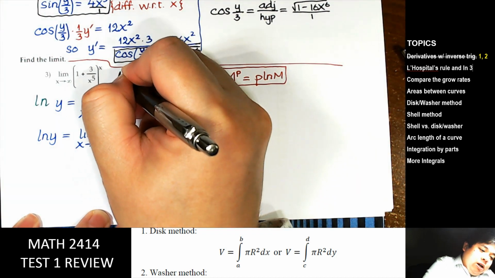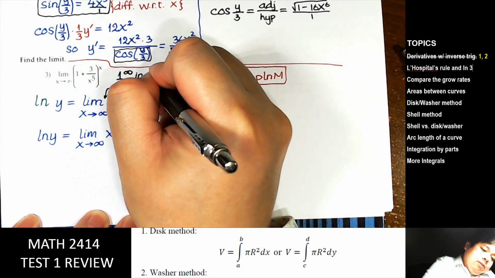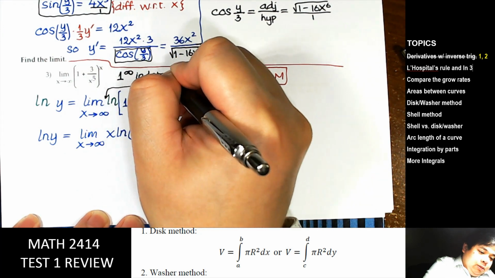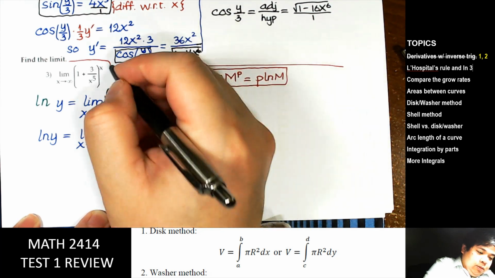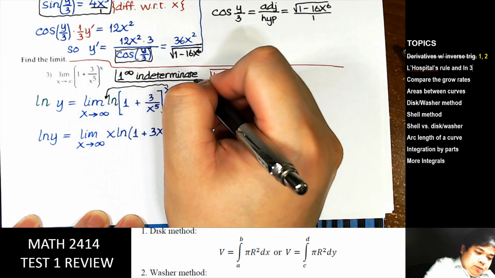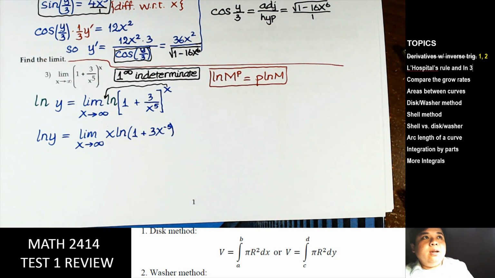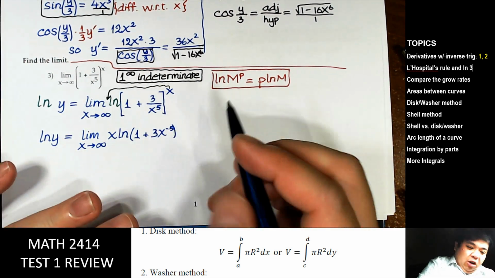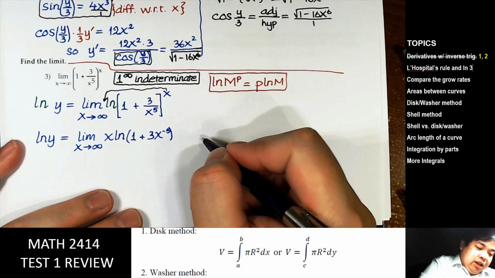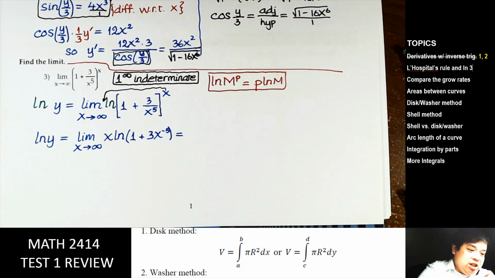So this is a 1 to the infinity indeterminate form. Actually, all of this is like a lateral move, so it doesn't change anything. We haven't applied L'Hospital's rule yet, so that's still perfectly fine here.